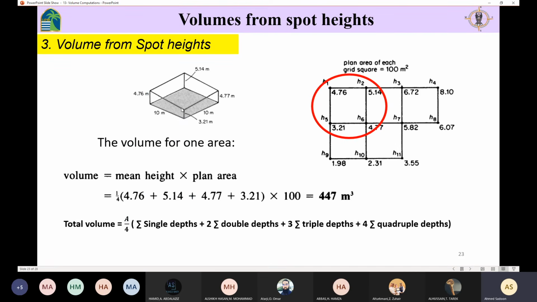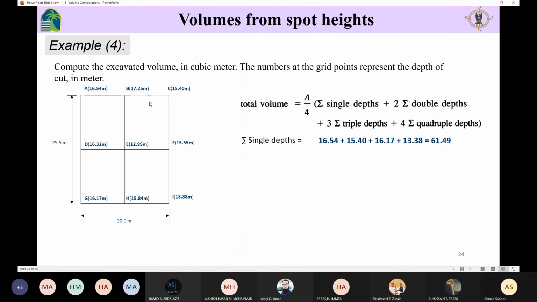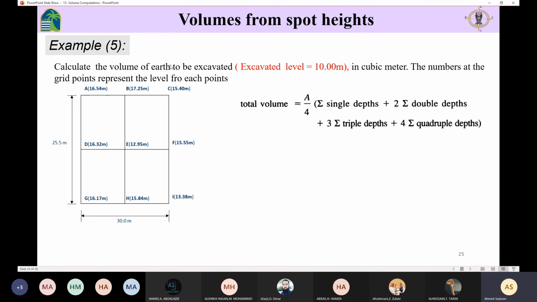But sometimes you are going to have only the reduced level for this point and the formation level. In this case, I need to subtract this one from that one so that I can get the depth of cut. So I created this additional example so that you can understand this idea.